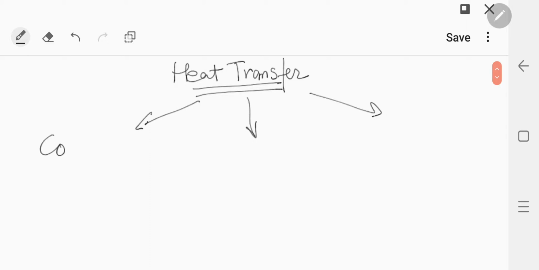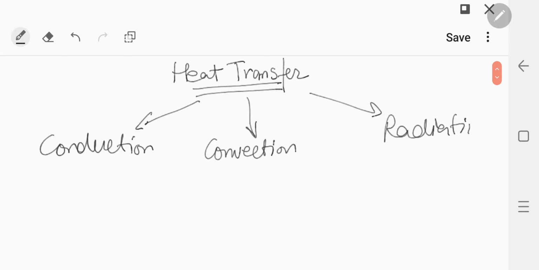Now, the first mode is the conduction mode, the second mode is the convection mode, and the third mode is the radiation mode. We all know what conduction, convection, and radiation are. Conduction is the interaction of the particles within the substance.